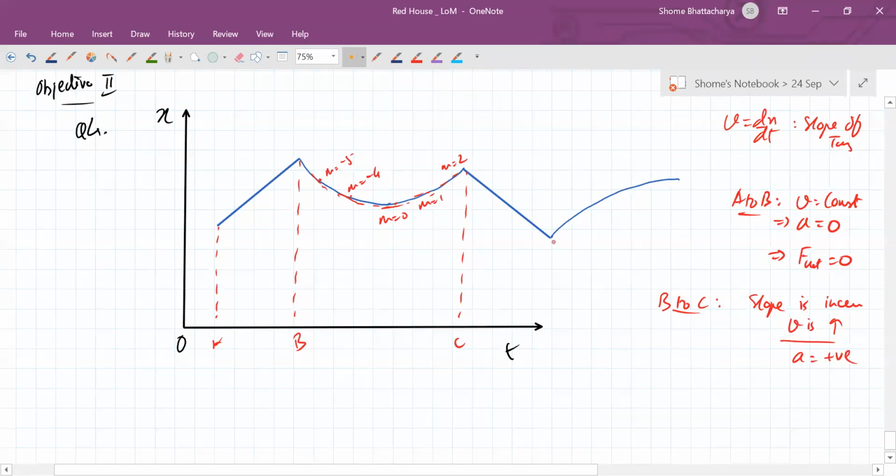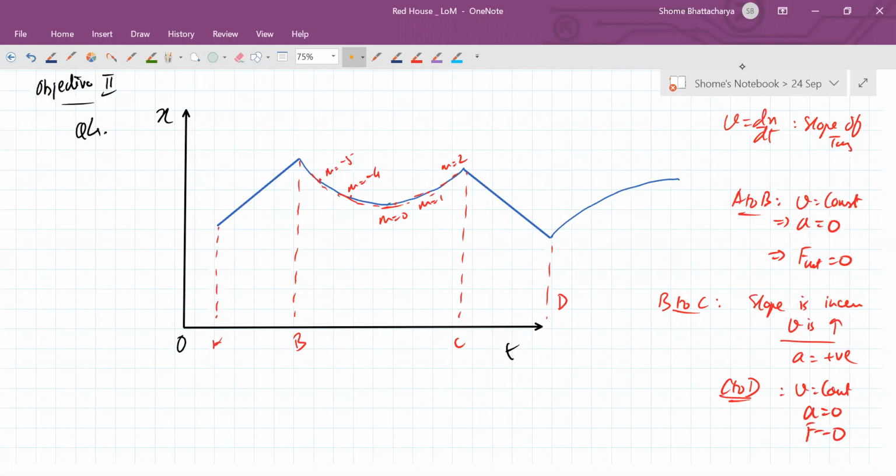Okay, then again c to d, so like that basically you can understand that c to d and a to b, these are the two parts where the velocity is constant, so acceleration is zero, so force is zero. Okay, so a to b and c to d, those are the two parts where velocity is constant, so acceleration is zero, whereas the other parts there is some rate of change of slope.